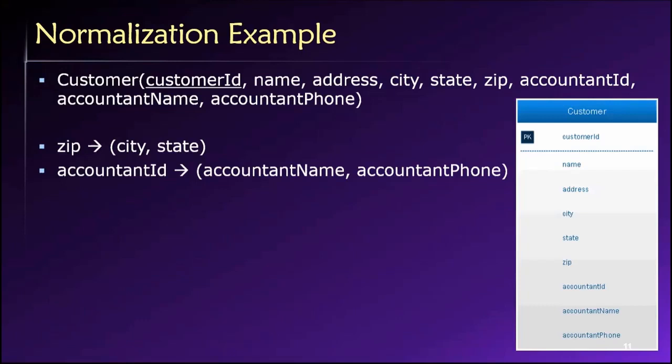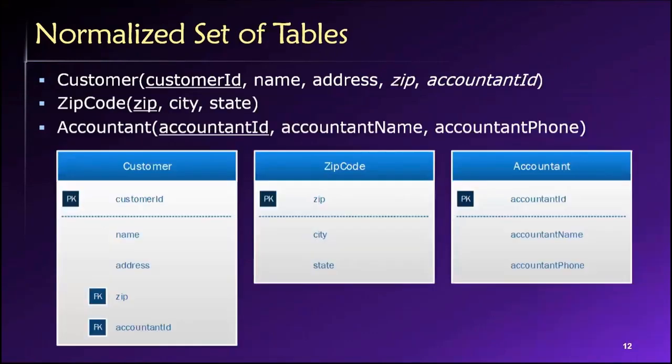Similarly, the city and the state depend on the postal code, the zip code, rather than depending on the customer ID. So we know that this is not a normalized design. And we broke it apart into a 3-table solution like we see here, fully normalized design, in which an accountant table holds information about accountants, a zip code table holds information about zip codes, and the customer table holds information about customers. So we have this 3-table fully normalized design.